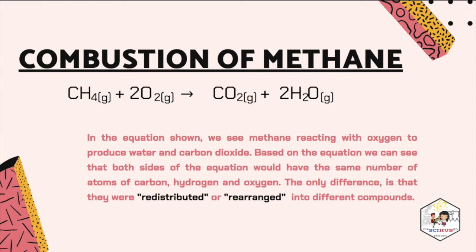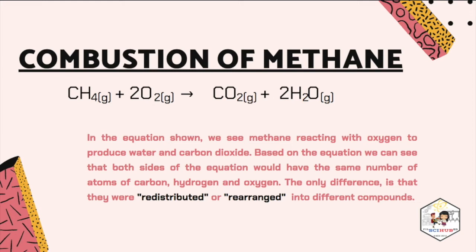So in the equation shown, we see methane, CH4, reacting with oxygen to produce water and carbon dioxide. Based on the equation, we can see that both sides of the equation have the same number of atoms of carbon, hydrogen, and oxygen. So basically, it's a balanced equation. The only difference is that they were, quote unquote, redistributed or rearranged into different compounds, from methane and oxygen to water and carbon dioxide.